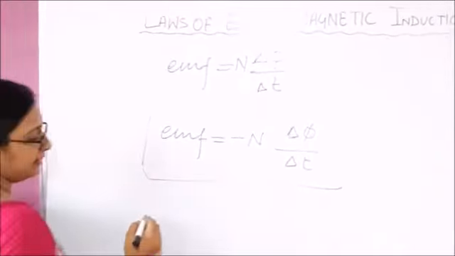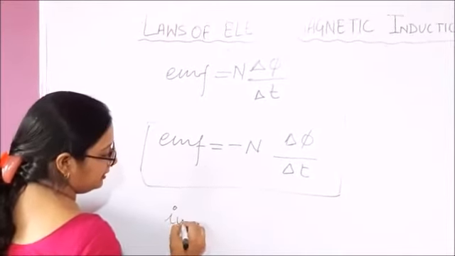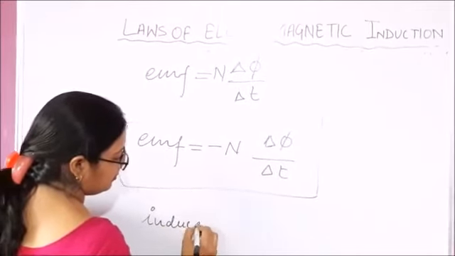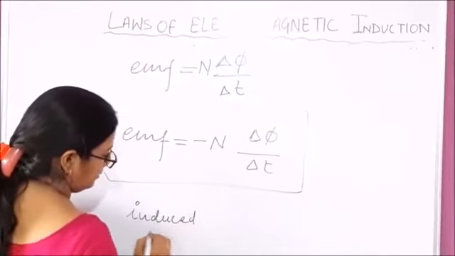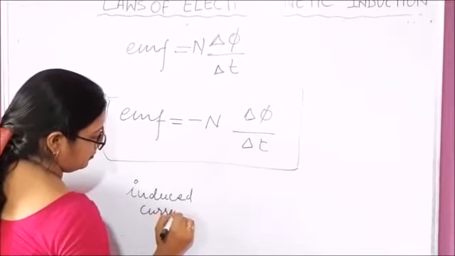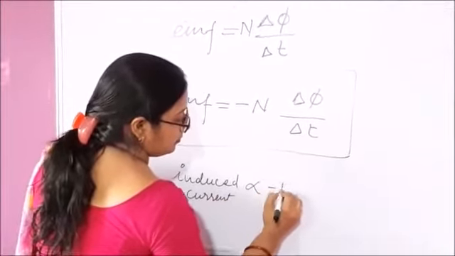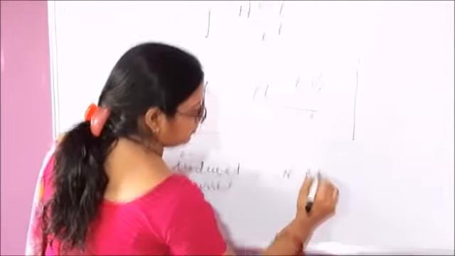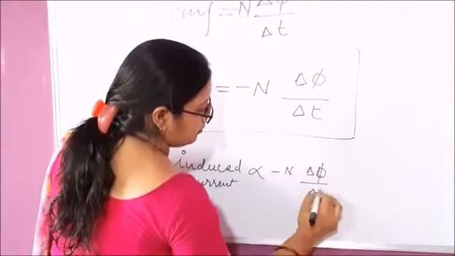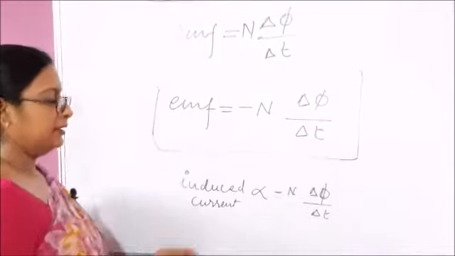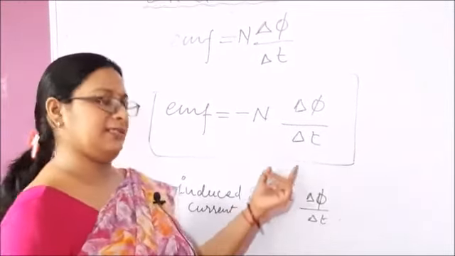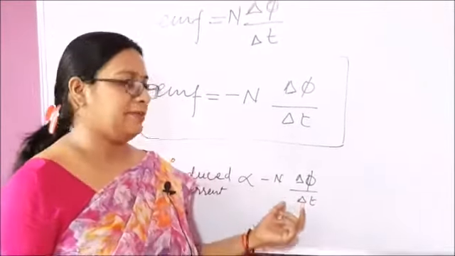Or we can write it, okay, induced current is proportional to minus n d phi by delta t.